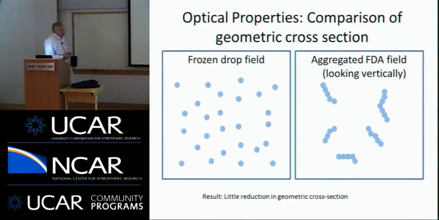Some of the other things worth thinking about: we're interested in the optical properties of these clouds. If you have a field of frozen droplets and they simply collide with each other, you're not going to change the geometric cross-section very much, particularly since this kind of particle is going to descend horizontally.